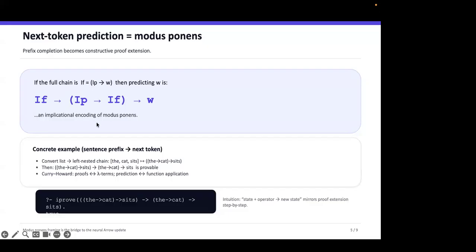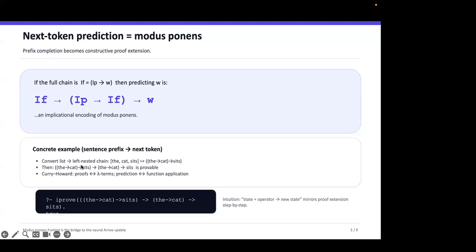From those two, W comes out as just applying modus ponens repeatedly. So that's a very simple logic behind the next word prediction mechanism.